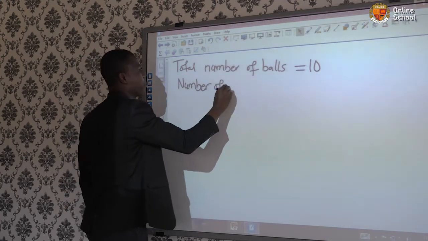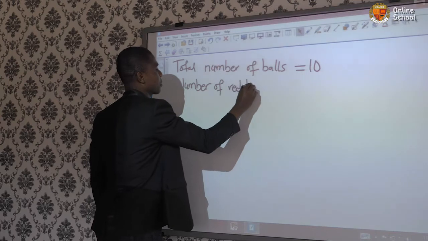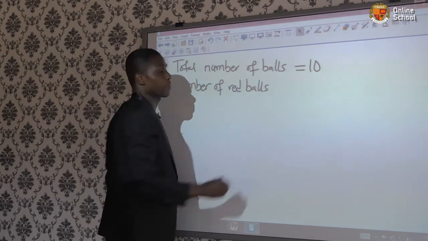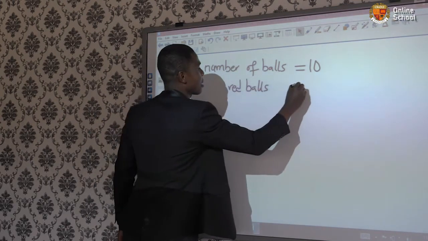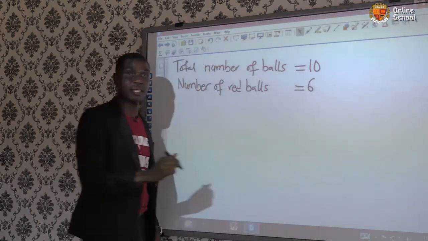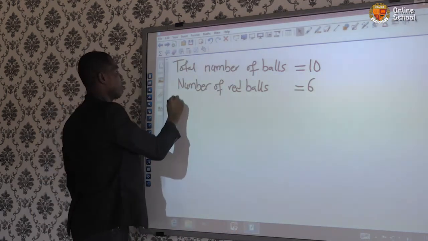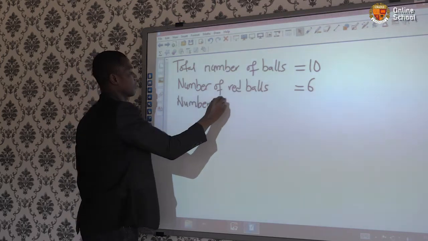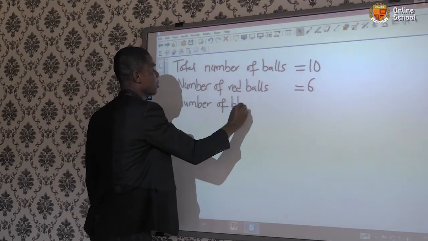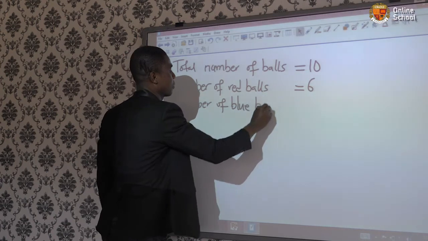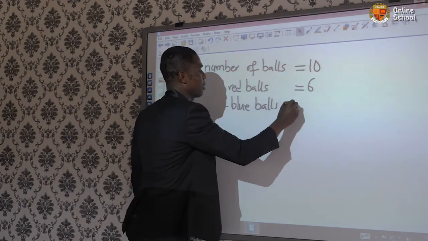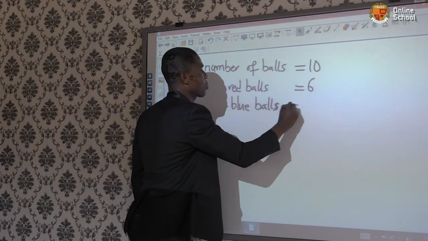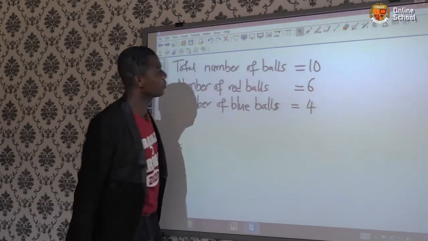Number of red balls. How many? 6. Isn't it? And number of blue balls. These ones are 4.